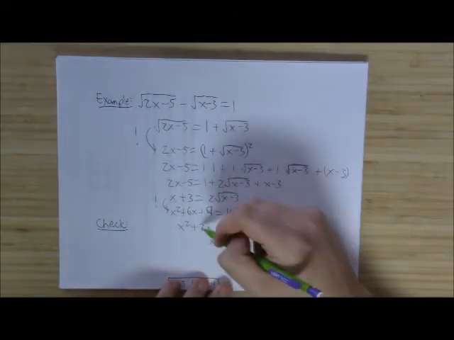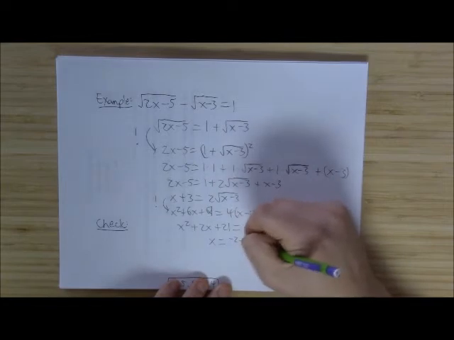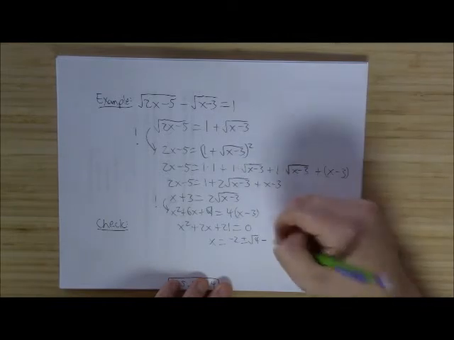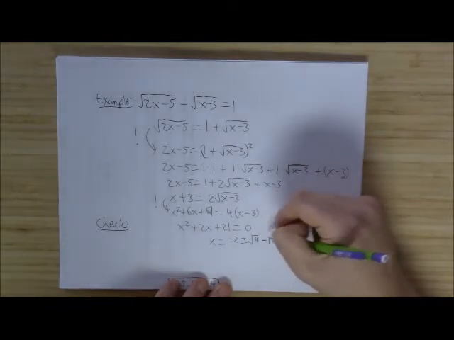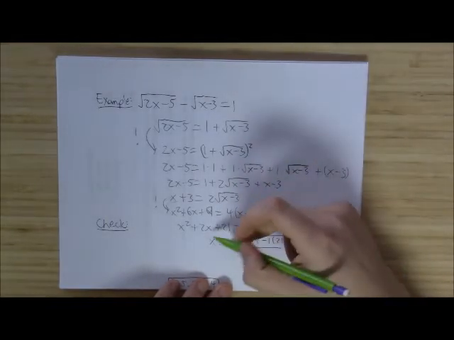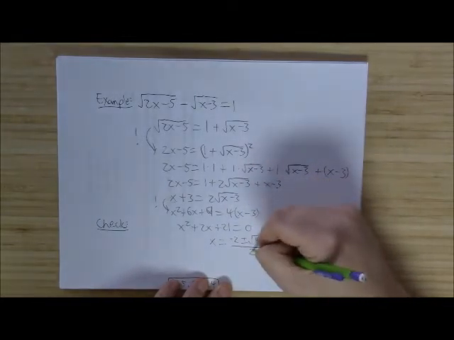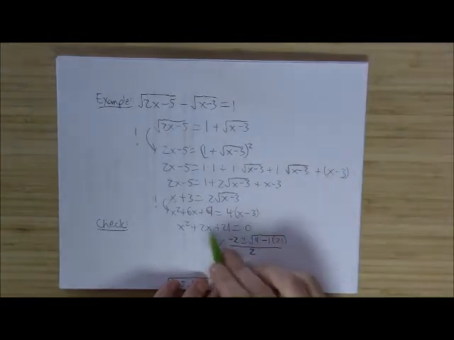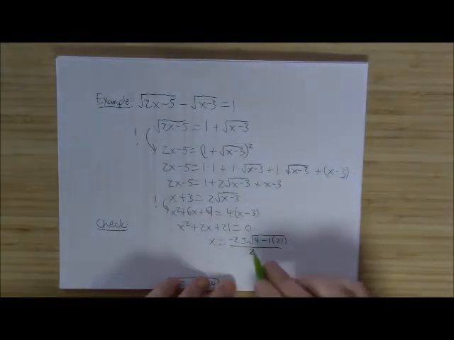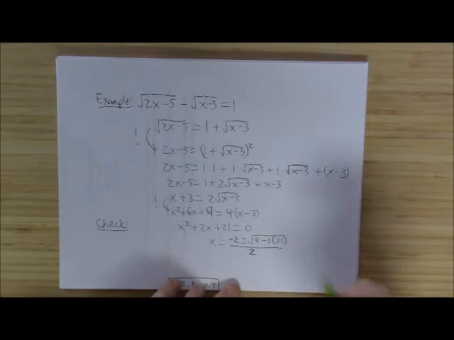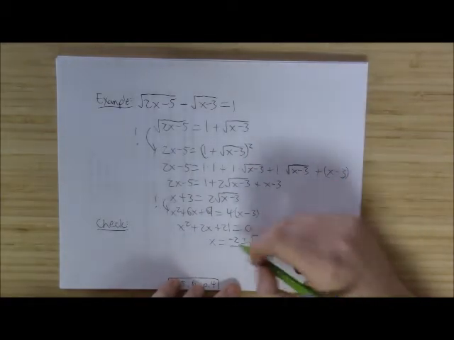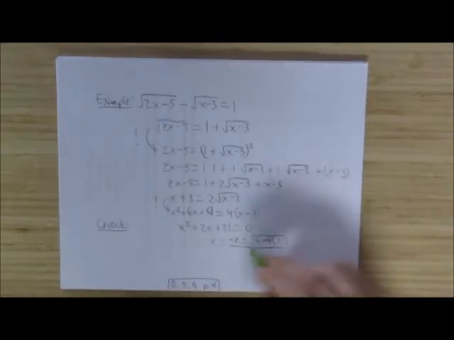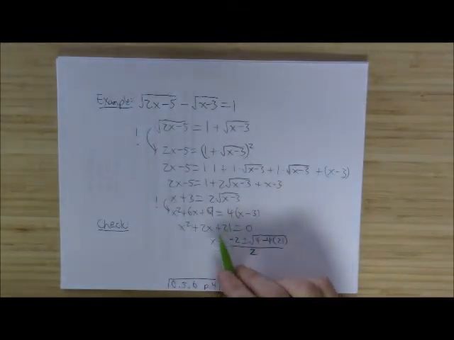X equals negative 2 plus or minus the square root of 4 minus 4 times 21, all over 2 times 1, right? That's a positive 21, right?